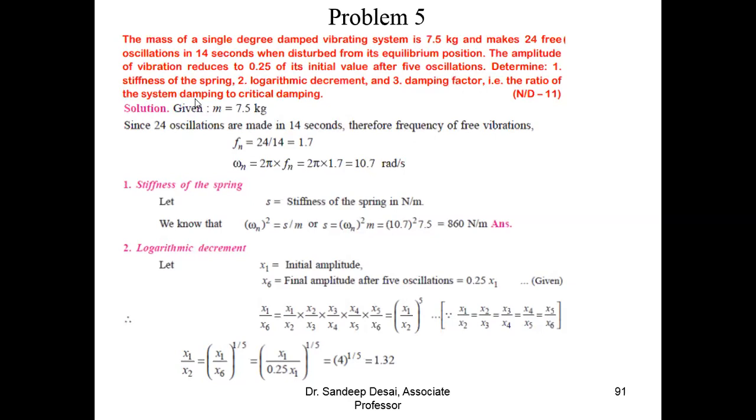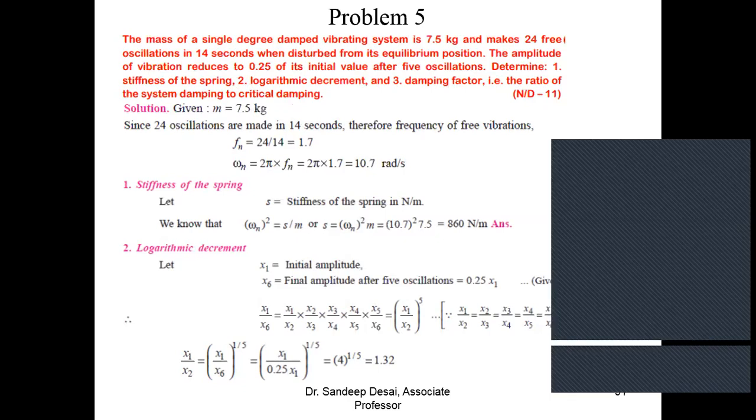You need to determine the stiffness of the spring, logarithmic decrement, damping factor, and ratio of system damping to critical damping. If it is 1 in the beginning, after 5 oscillations it is 0.25 of the initial value, that is 1/4.